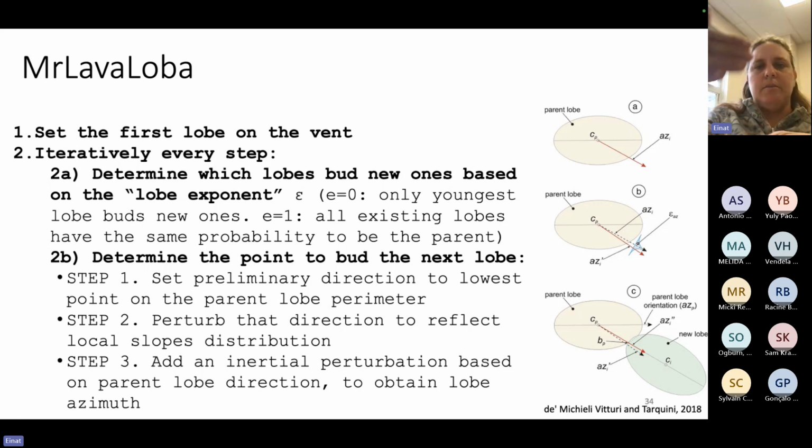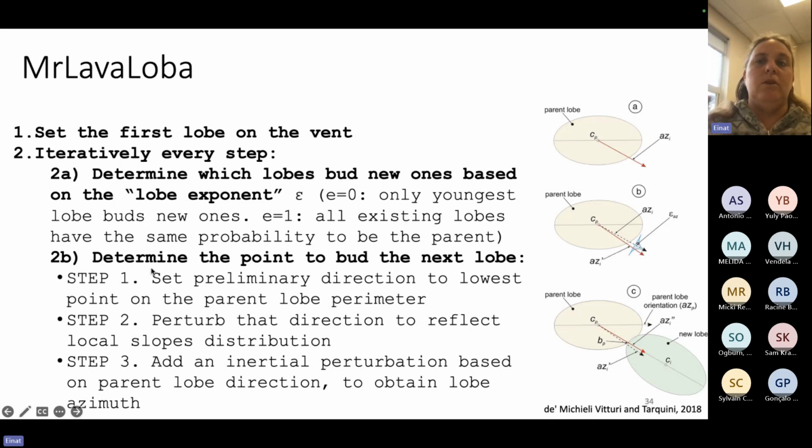So that would be like the tip of the flow. Or if it's 1, then every existing lobe in the collection can start a new one. So when you have one lobe, of course it doesn't matter, but when you start having multiples, then that parameter tells you which one is going to start dispersing more lava.